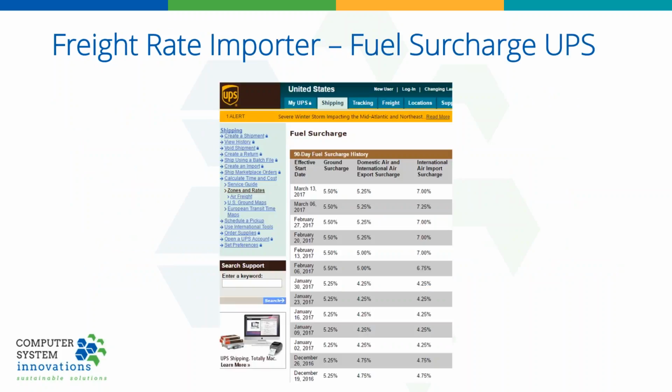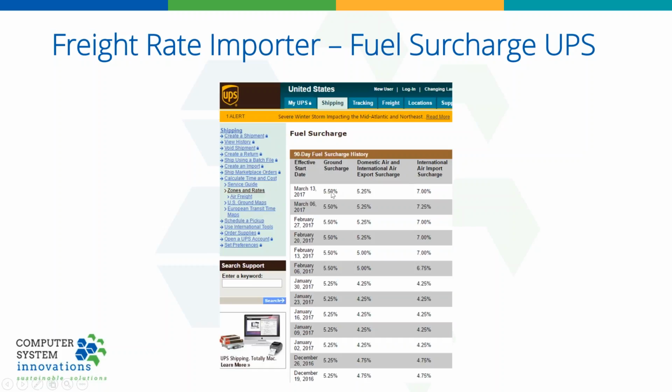The fuel surcharge, you find it online. I typed in UPS fuel surcharge. Another little gotcha here: there used to be a ground and an air for UPS. Now there is a ground, a domestic air, and an international air. And what you can see here are our actual surcharges.